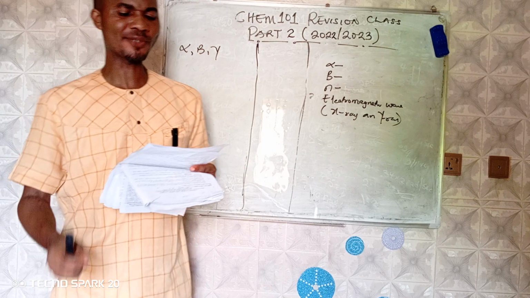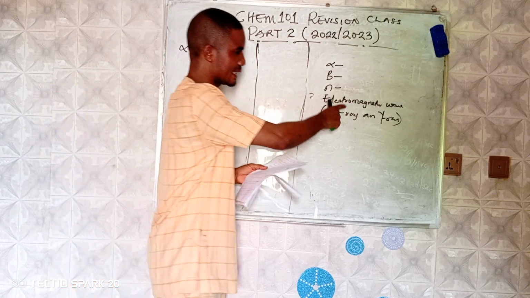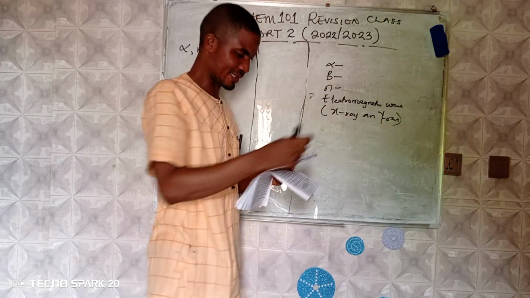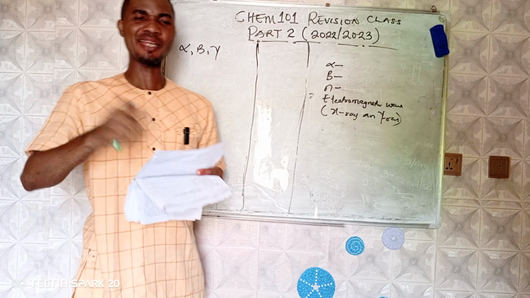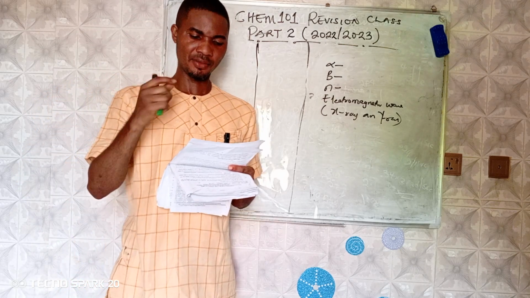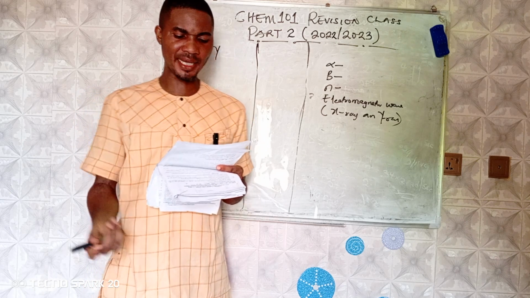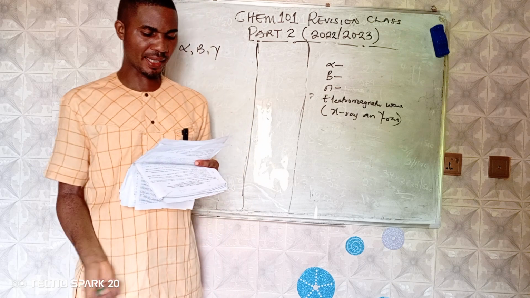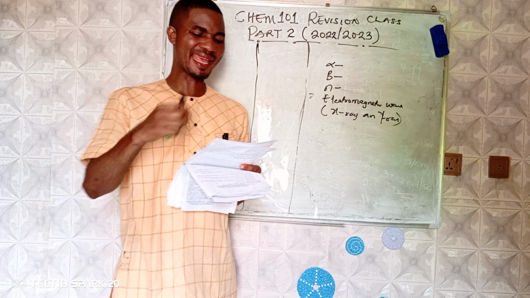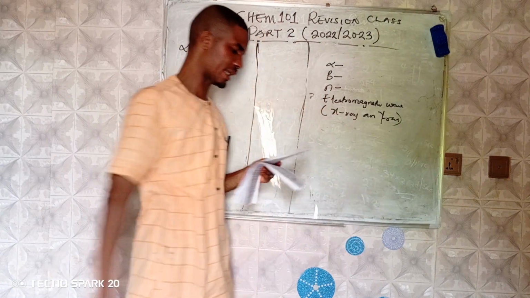Electromagnetic radiation includes radio wave, microwave, infrared ray, visible light, ultraviolet ray, X-ray, and gamma ray.